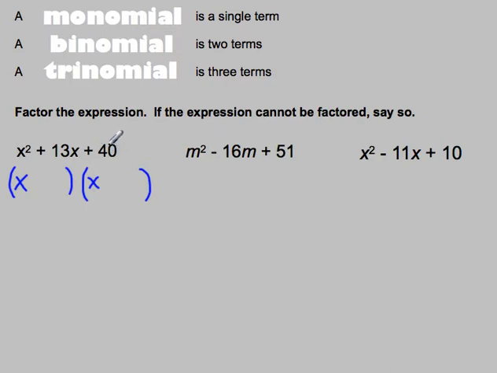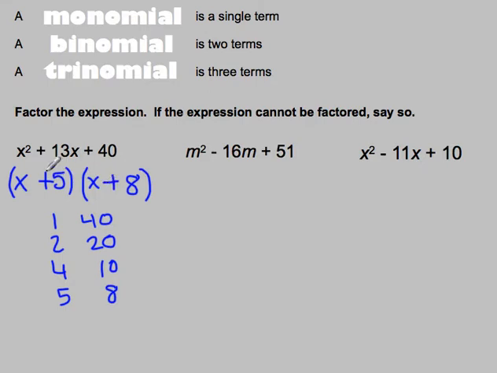Which of those factors are going to add or subtract to give us 13? 5 and 8 would add up to 13. So I'm going to go ahead and use those numbers, 5 and 8, in the last two spots, and since it's a positive 13, these are both going to be plus.